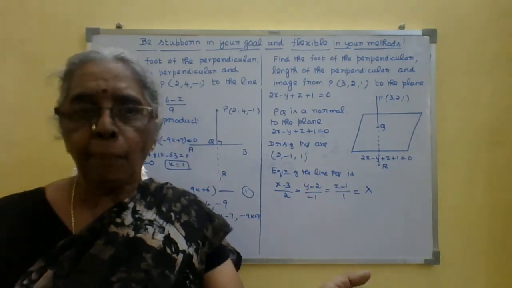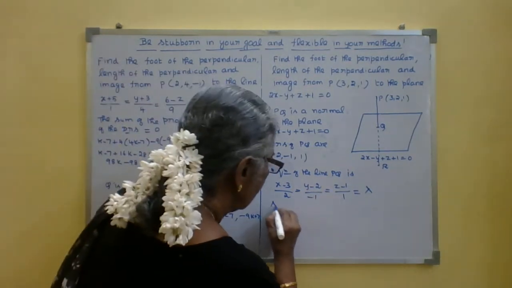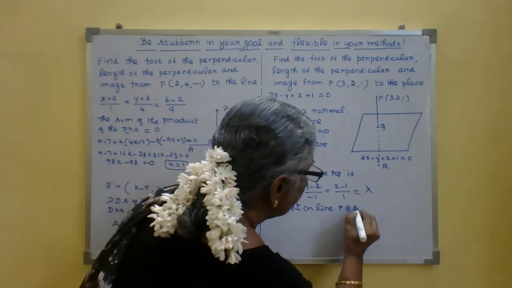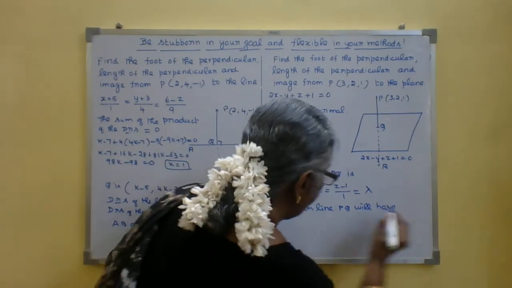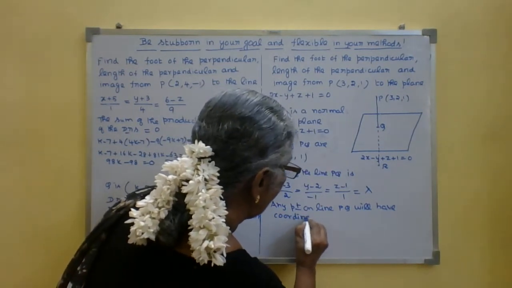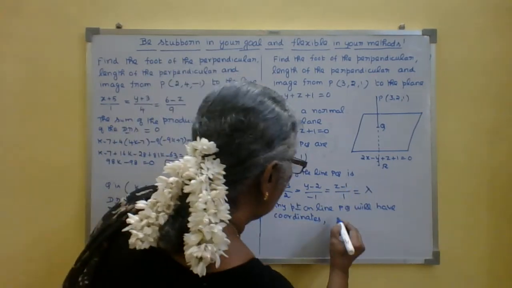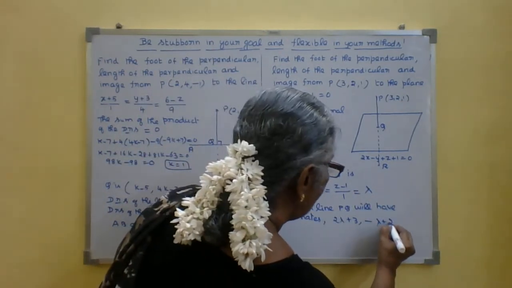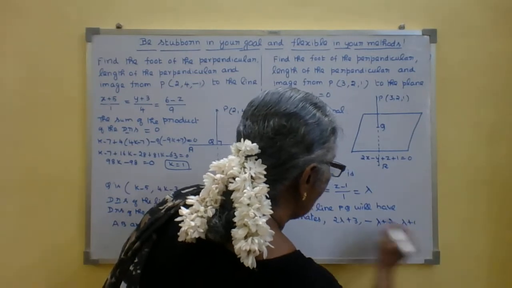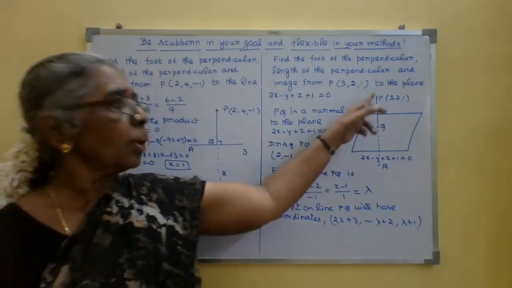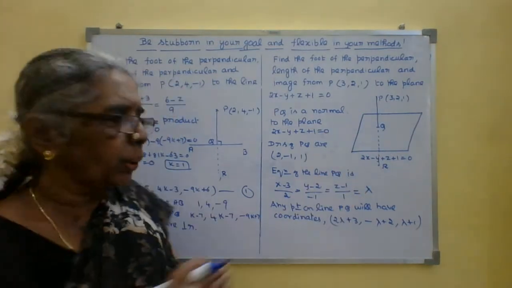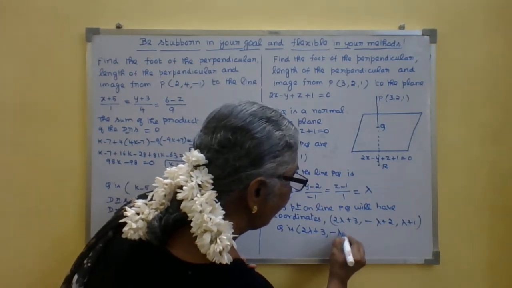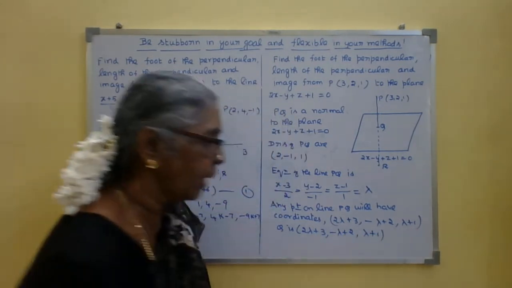So now any point on line PQ will have coordinates, the same way as we have done there, 2 lambda plus 3, minus lambda plus 2, lambda plus 1. Okay. Now, Q is also a point on the line PQ. So, I can write Q is 2 lambda plus 3, minus lambda plus 2 and lambda plus 1.